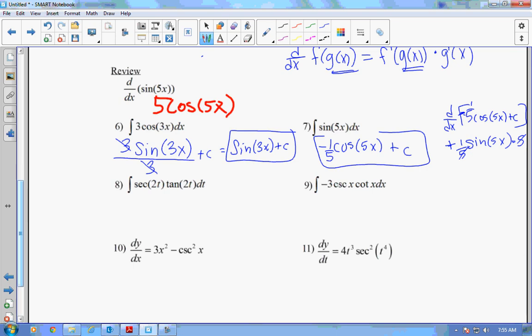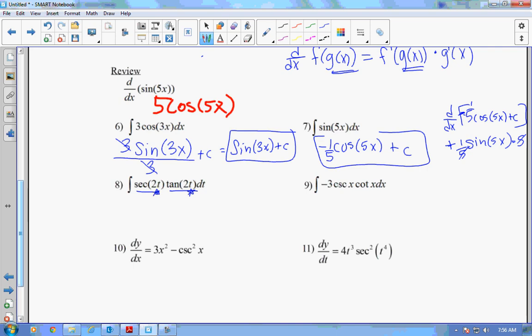Okay, I'll help you with number 8, and then I'll let you try the others. Secant of 2t, tangent of 2t. Look at their parts. Their parts are the same, right? That is important. Otherwise, we probably have to use a u substitution. What function, when we take the derivative, do we get secant tangent?